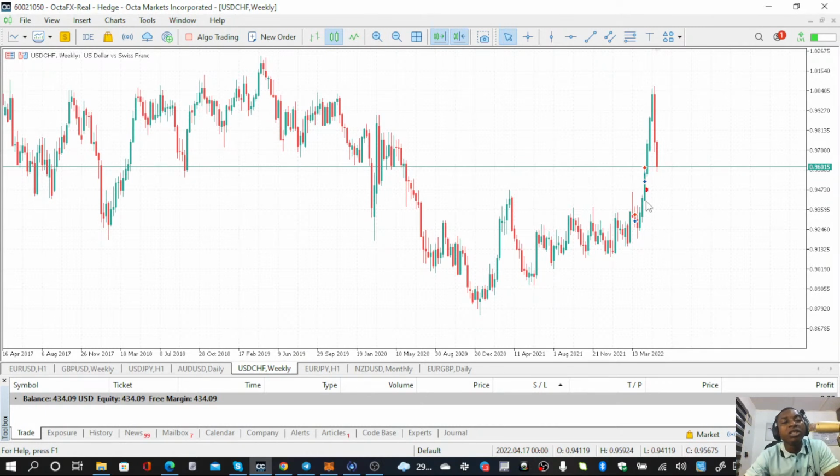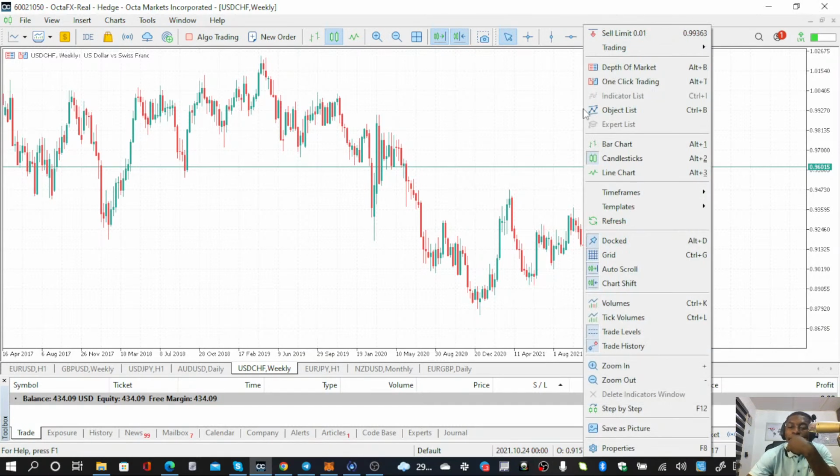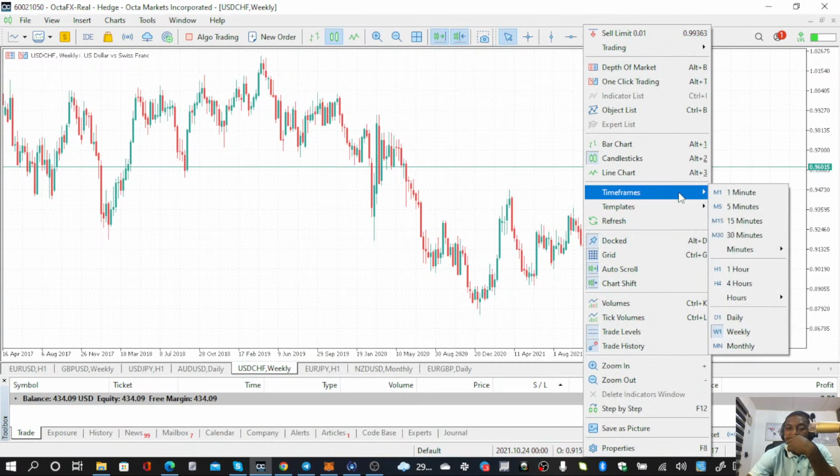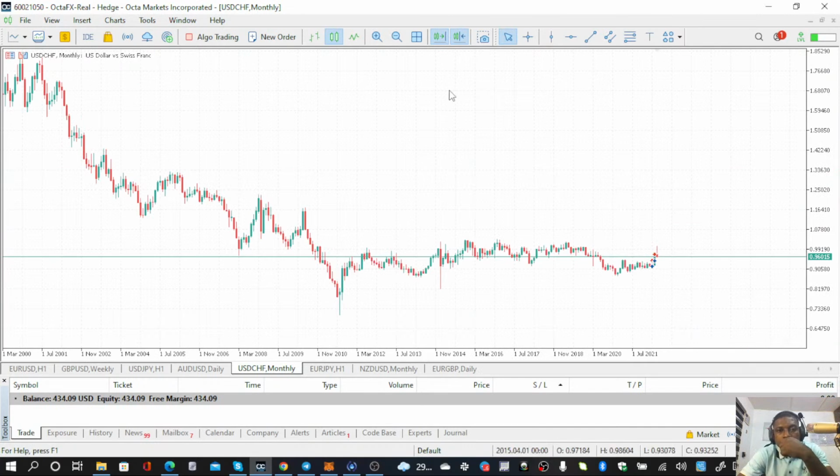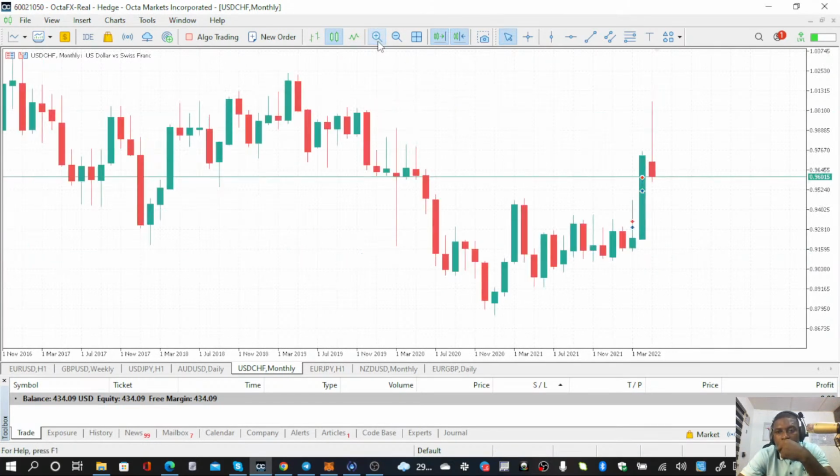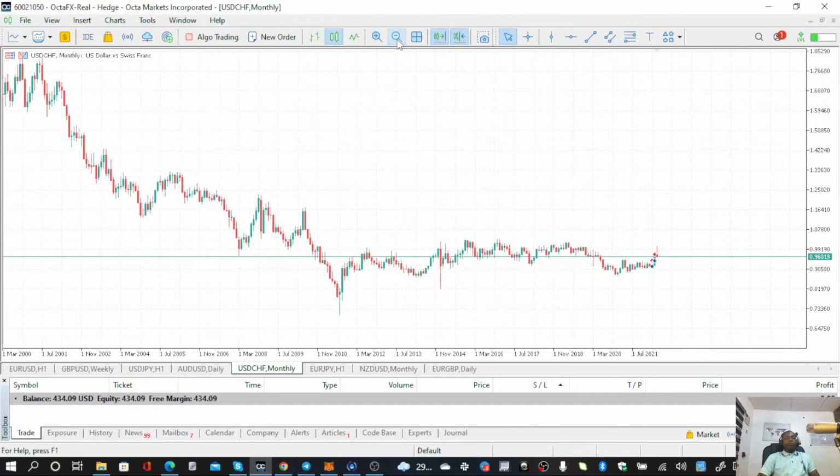Now, when we open this chart and we go on the monthly time frame, you can see that on the monthly time frame there is a different ball game. But the first question you should ask yourself is, what is the market structure?